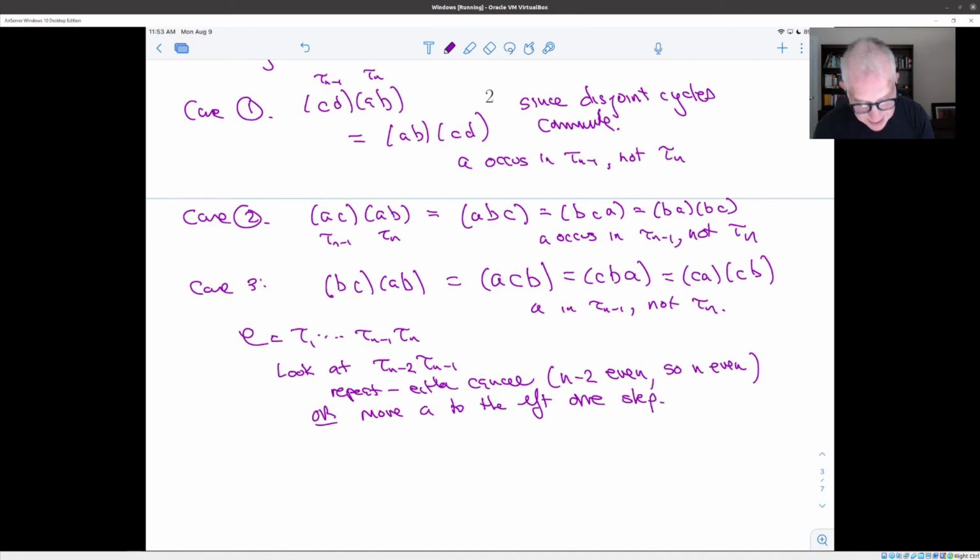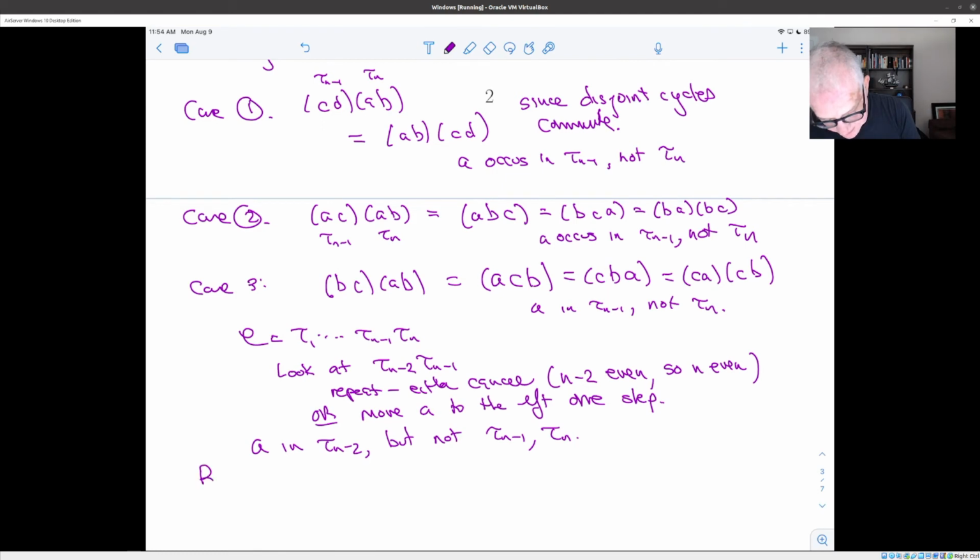That is to say, A occurs in tau n minus 2, but not tau n minus 1 or tau n. And we keep doing this. And one of two things happens. Either somewhere along the line we get that case where two things cancel.